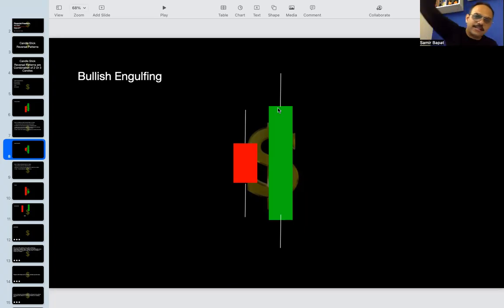It is covering the entire red candle. So it is engulfing, and this is called bullish engulfing. Then it will go up. The main important thing is the red should be engulfed by the green. It is better if the entire candle is engulfed by the body of the green. Is it clear what engulfing means? Everyone clear?